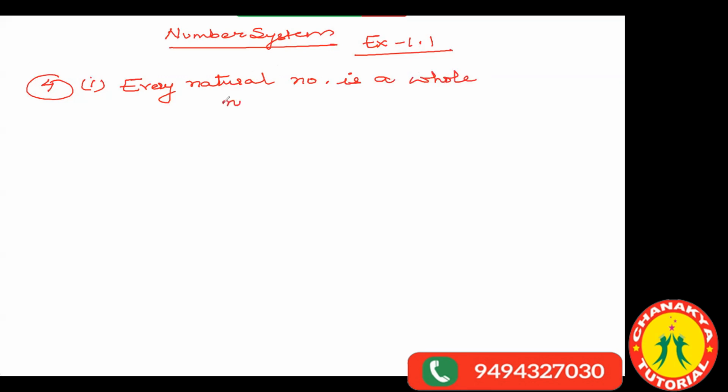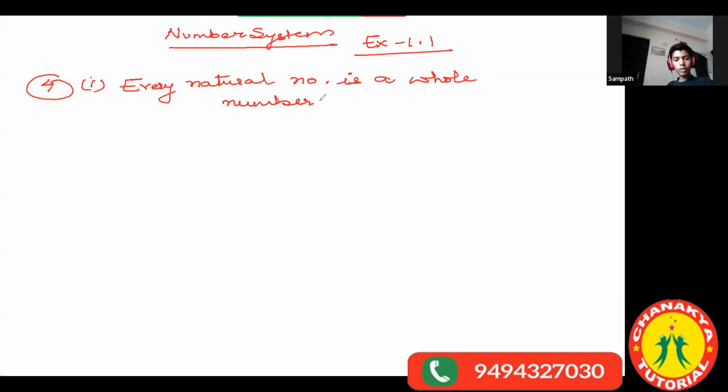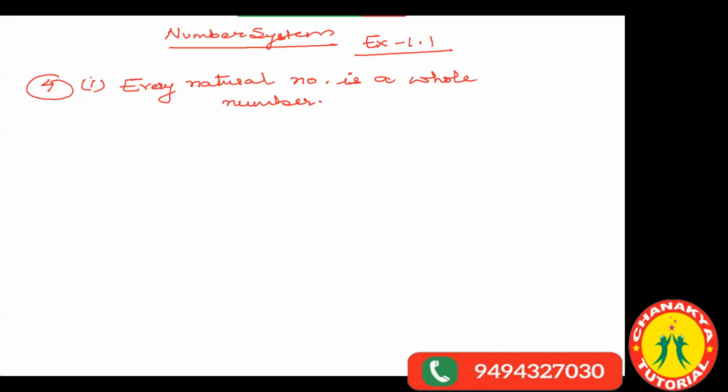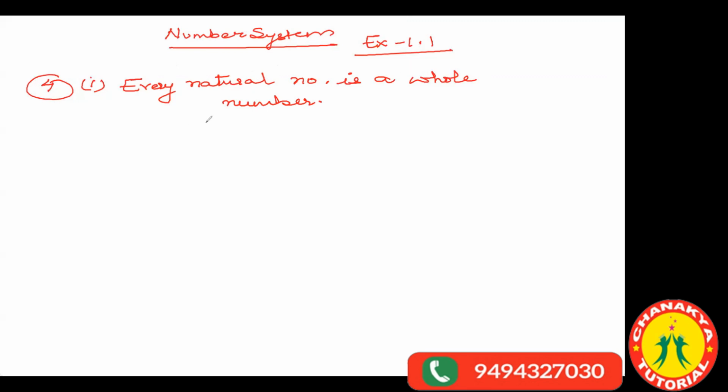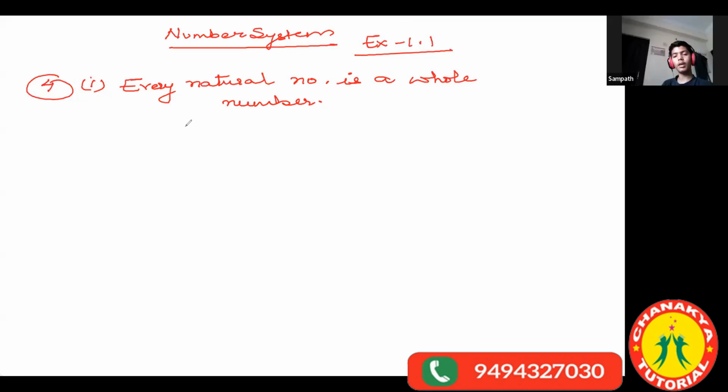Sampath, unmute yourself. Is this statement correct? No, ma'am. Sorry, it is correct. Because the counting numbers starting from 1 and so on are already included in the whole numbers except 0.